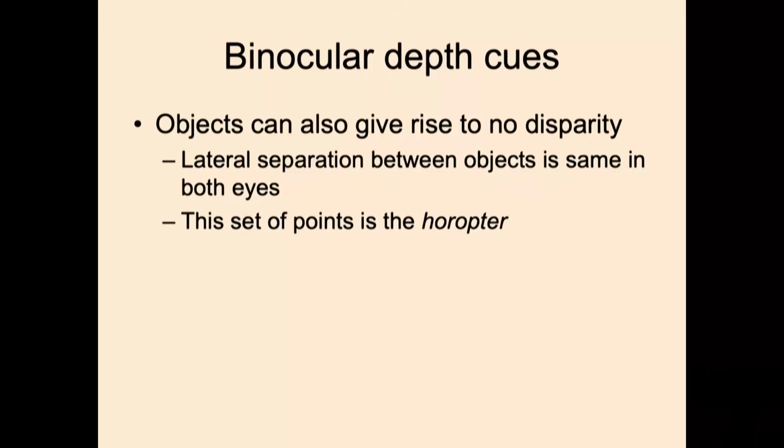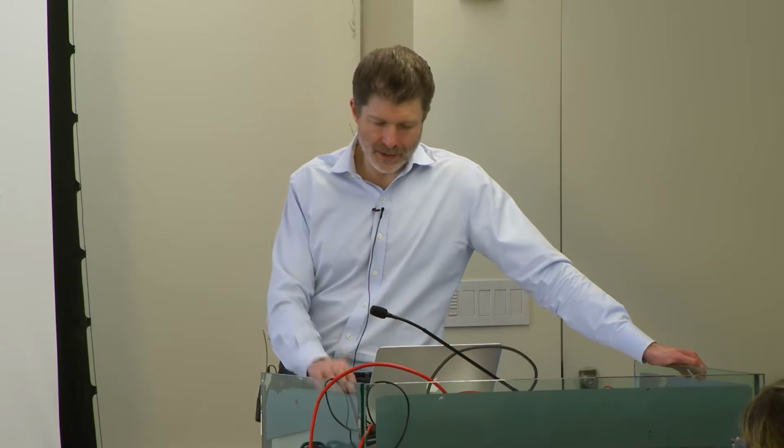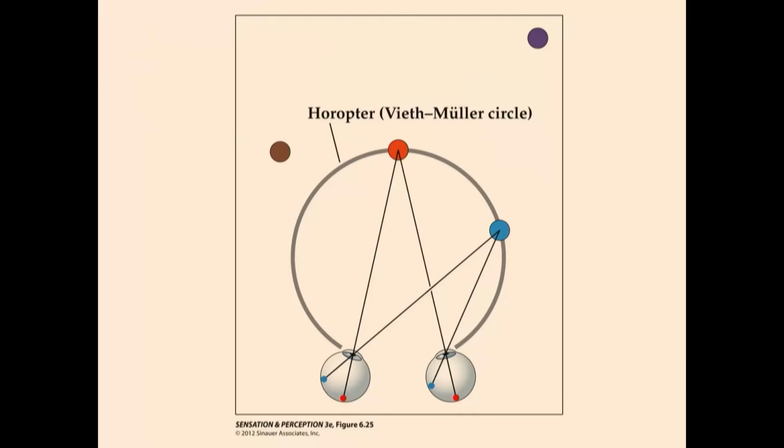All right, so objects can also give rise to zero disparity or no disparity. This happens when the lateral separation between objects is the same in both eyes. And the set of points that has this particular property is known as the horopter, also known as the Vieth-Muller circle.